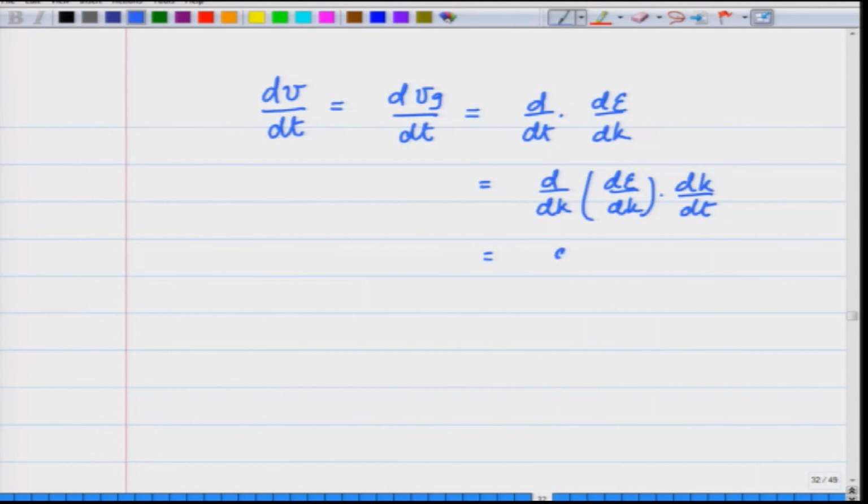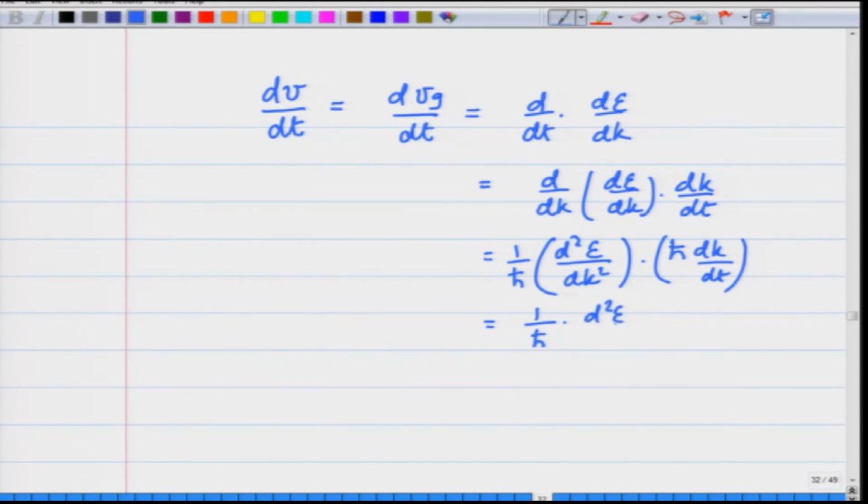This is d2E by dk square times dk/dt, which I can write as h cross dk/dt with 1 over h cross outside. This is 1 over h cross d2E by dk square times f.